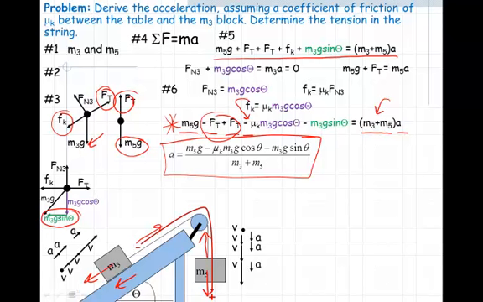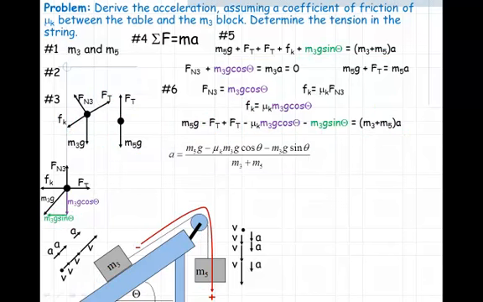Our problem also asks us to determine the tension in the string. So in this case, let's look at just one of the two blocks. Now when we solve for the tension of the string, we want to look at just one of the two masses, not the entire system, because as we saw earlier, if we take the entire system, the forces of tension will cancel.